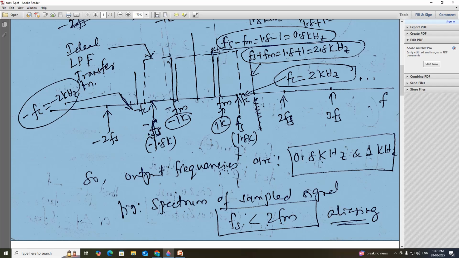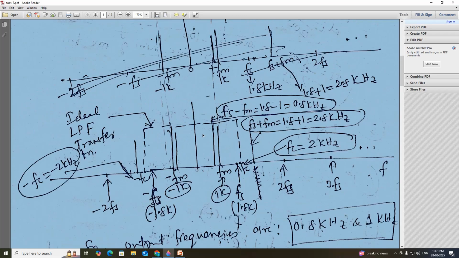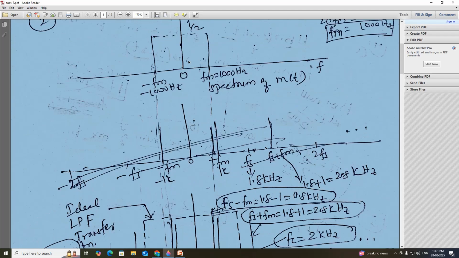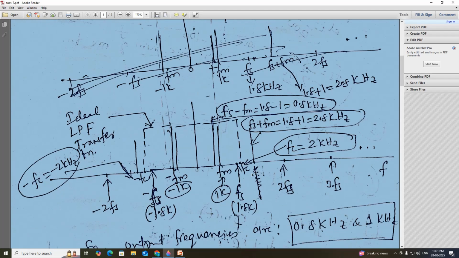On the negative side, minus fs, minus 2fs, and so on, it continues to infinity on both sides. At every fs, 2fs, 3fs, the message spectrum is shifted, similarly at minus fs, minus 2fs, and so on.